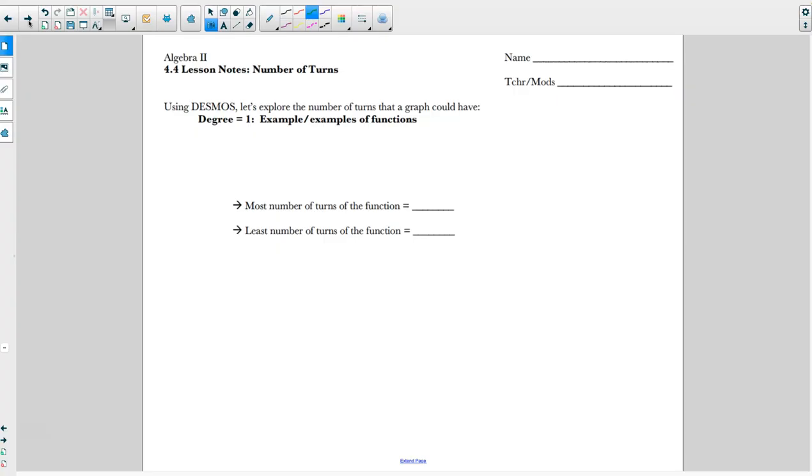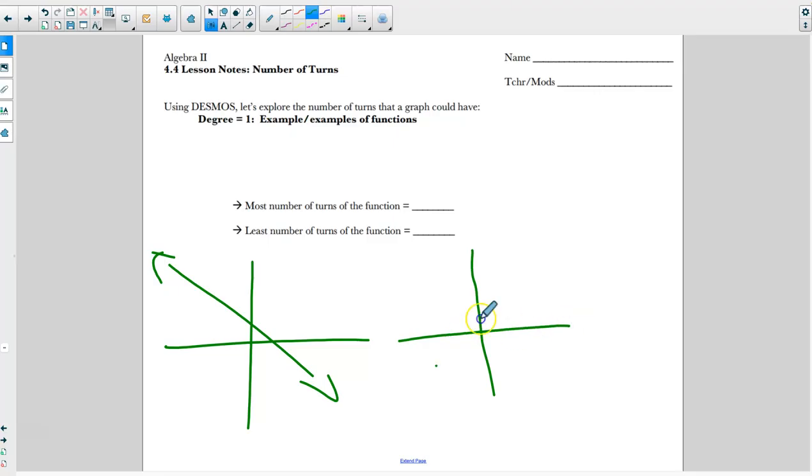All right. Our lesson today actually is just talking about turns. How does a graph turn? It's pretty short. It's pretty sweet. And I'm just going to draw a bunch of stuff here. So I have a line. How many times does that turn? Does it ever turn? No, it's always decreasing or it's always increasing.